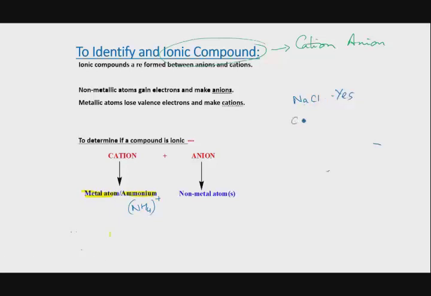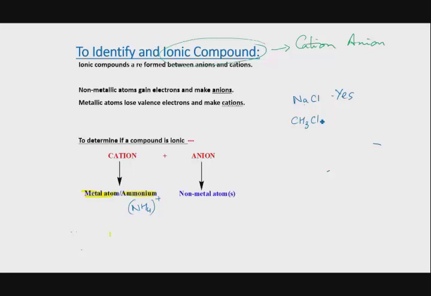Okay, how about, is that an ionic compound? Now, please be very careful. As I said before, look for a cation first. Is there a cation here? In other words, is there a metal here? No, there is no metal. Is there ammonium in this compound? No, there is no ammonium.